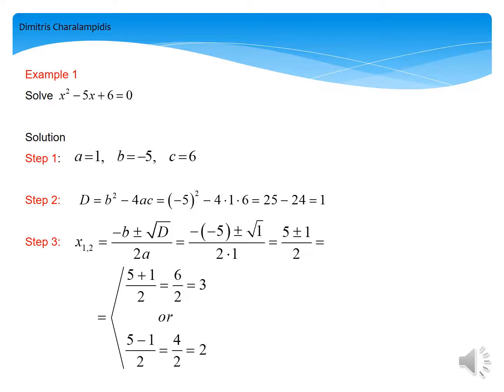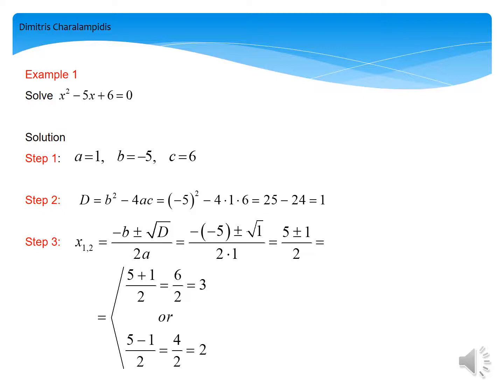And finally, in the third step, we'll use the discriminant formula x1,2 equals minus b plus minus square root of d over 2a. We'll plug in the values of b, d, and a into this formula, and we will write minus negative 5 plus minus square root of 1 over 2 times 1, which is equal to 5 plus minus 1 over 2, and now we'll split this fraction into 2 new ones.